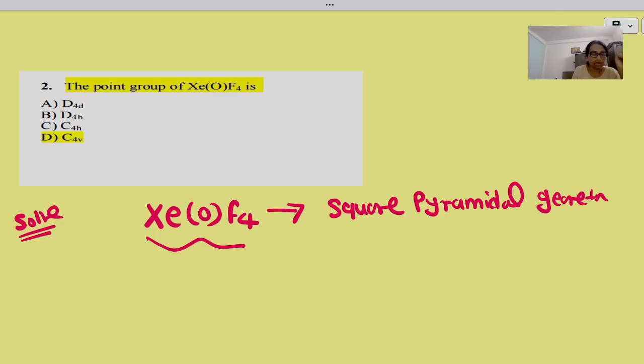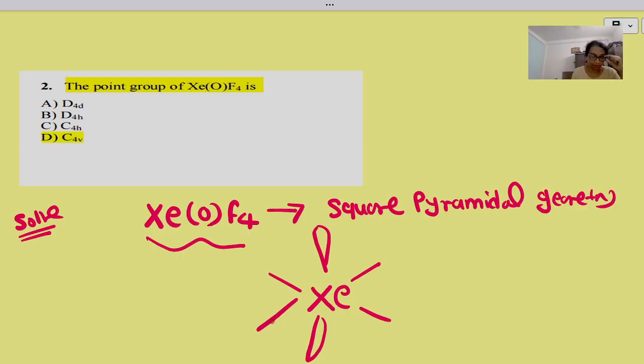Now, the oxygen occupies the axial position. It is a very basic rule, because in a compound there are 2 types of positions: the axial position and the equatorial position. When a lone pair of electrons and a highly electronegative atom are both present, we must decide which occupies the axial position and which the equatorial.